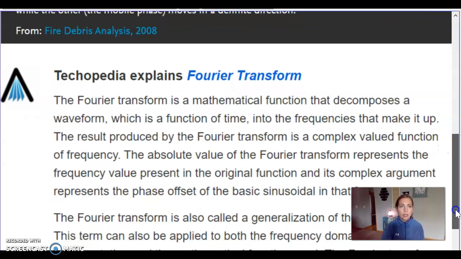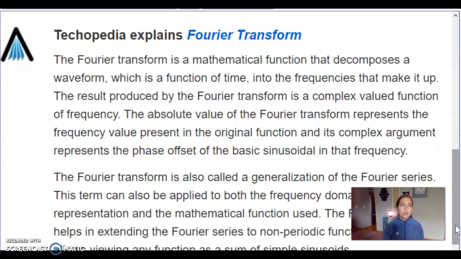All right. So this was another Techopedia. It says that the Fourier transform is a mathematical function that decomposes a waveform, which is a function of time, into the frequencies that make it up. So essential oils are made up of a frequency. And over time, we want to take a look at how that frequency is broken up and how that relates to how the oil will be used and absorbed into the body.